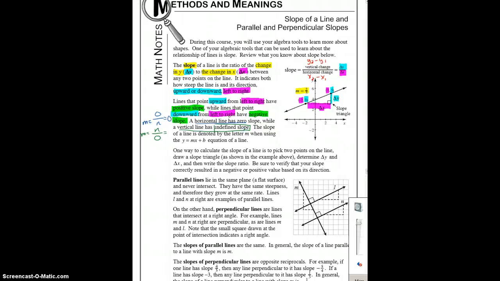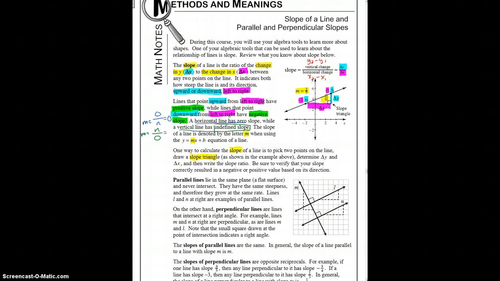The slope of a line is denoted by the letter m, and in our equation for slope-intercept form, y equals mx plus b, we can find the slope right there. So one way to calculate the slope of a line is to pick 2 points on the line and draw the slope triangle that we see over here.